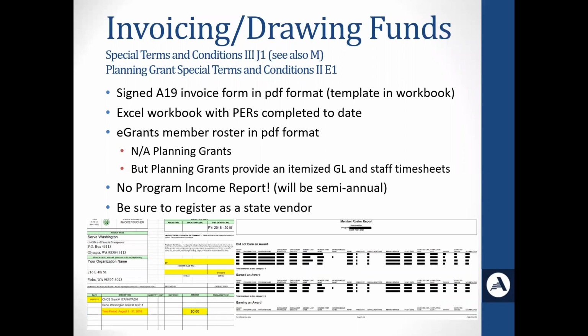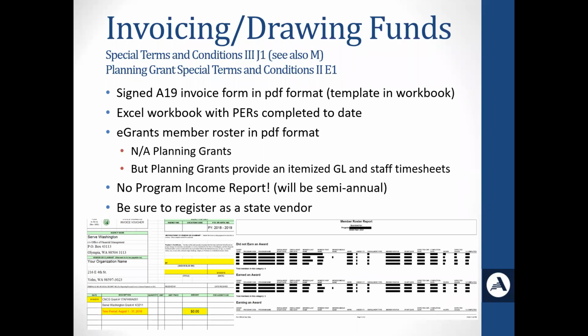And another note, this will come up when you're doing contracts, but be sure that you're registered as a state vendor, especially if you're new, which I don't know if anybody is new.